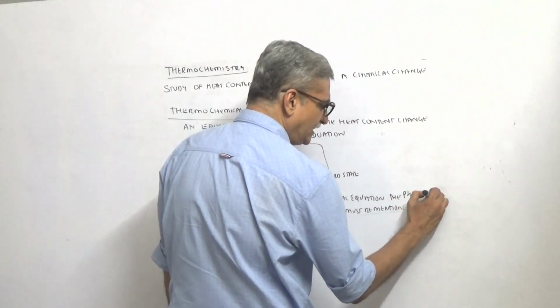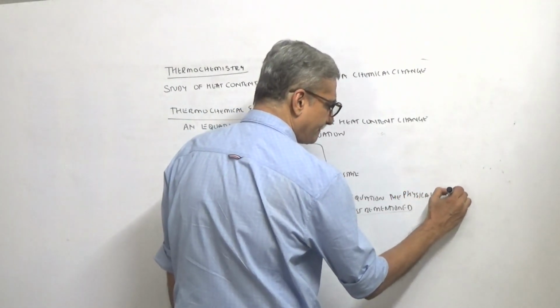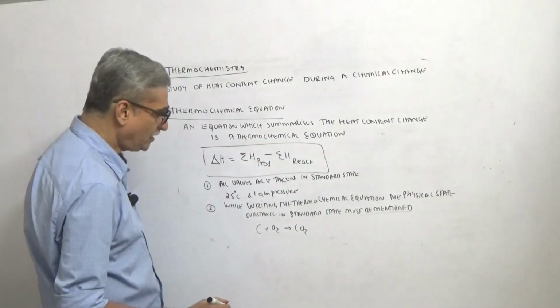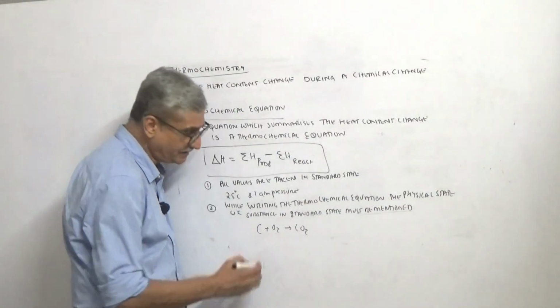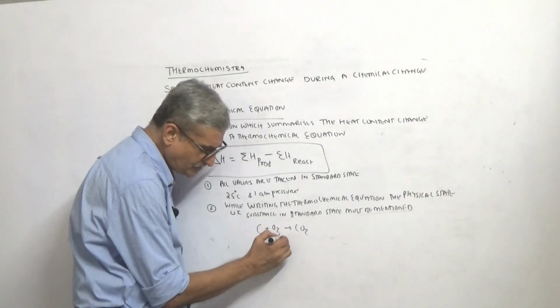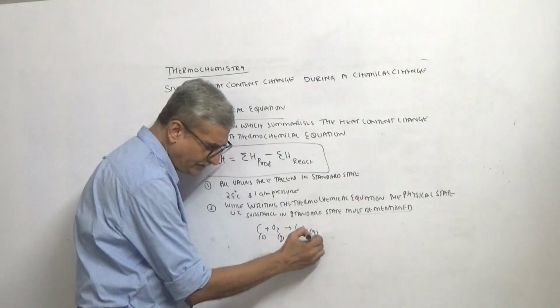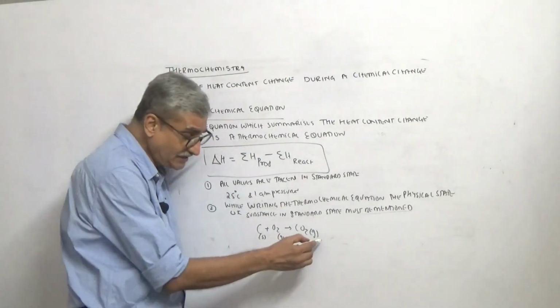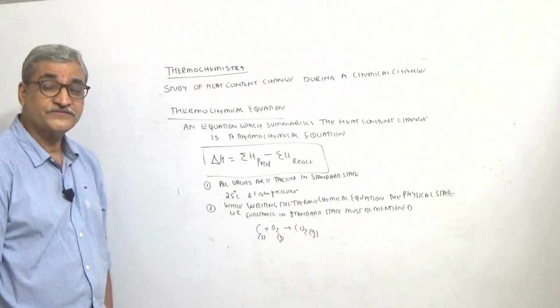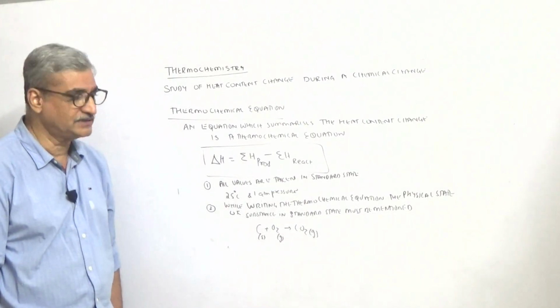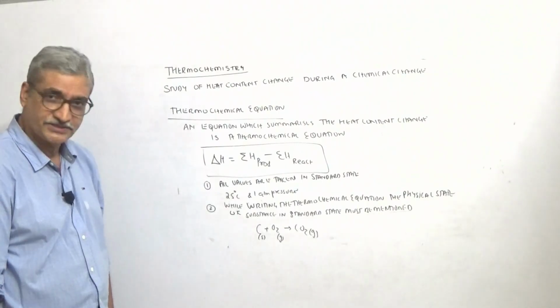The physical state of substance should be mentioned. So at 25 degrees centigrade, carbon is solid, oxygen is gas, carbon dioxide is gas. Then this becomes a complete thermochemical equation, because physical states at standard state must be mentioned.